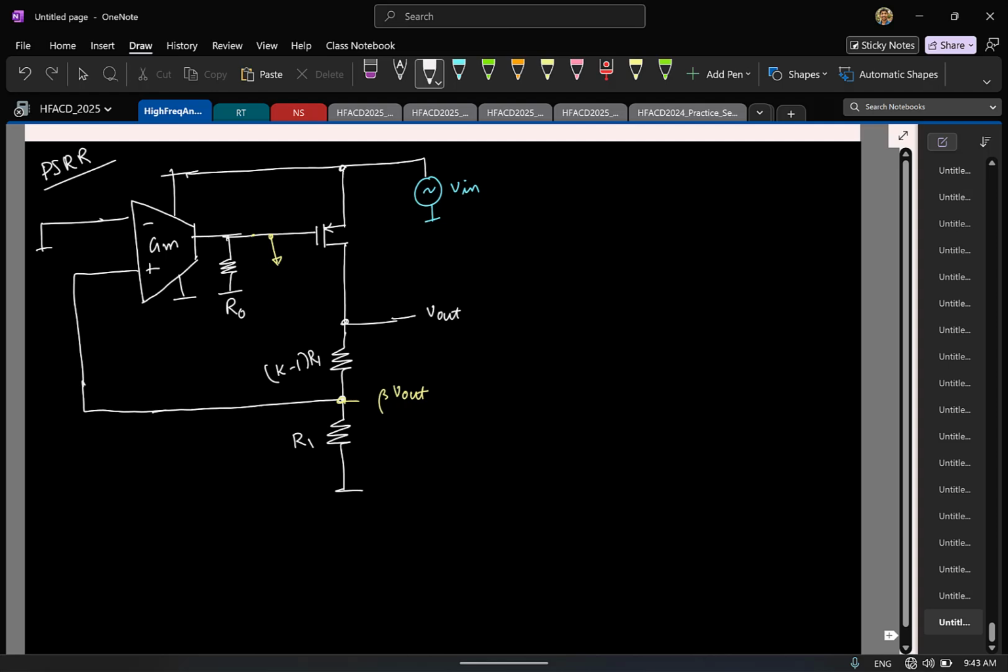Remember, you also have an inversion here. I thought we discussed it, but maybe I didn't change it.